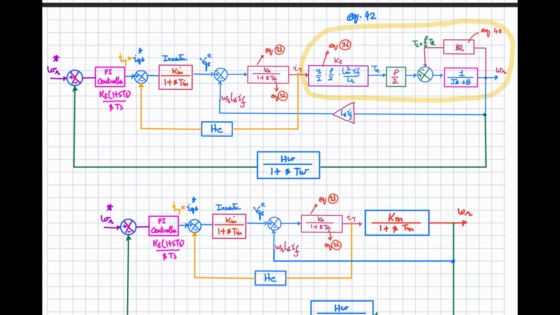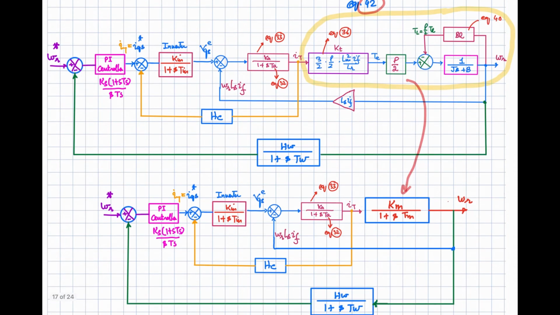We have already simplified it in equation 42 above, and now this will be represented like this, that you can see over here, Km by 1 plus Stm, that was relating your IT with the omega r. So we are going to replace this loop because we are going to simplify the control diagram. So we are going to represent it in the form of the single transfer function Km over 1 plus Stm that relates the IT with the omega r.